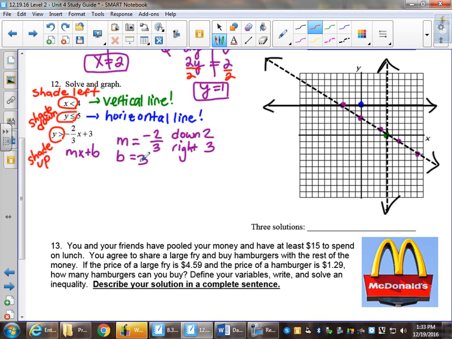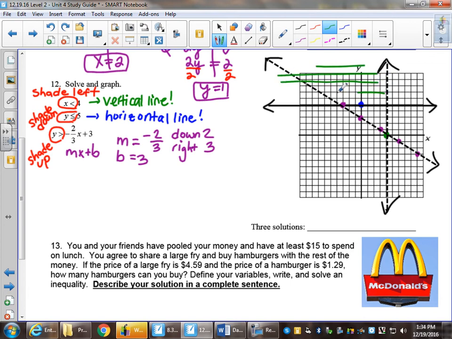If you have 3 different color pens or 3 different color highlighters, it makes this a lot easier. If you're just using pencil, that's fine. Just be very clear with the directions of your lines, because now we're going to be looking for where 3 sets of lines crisscross. So for me, I'm going to color code it. If you have highlighters or pens, go ahead and pause it here and go get them. So I'm going to come to my vertical line first. We go back and look at our notes. We said shade left.